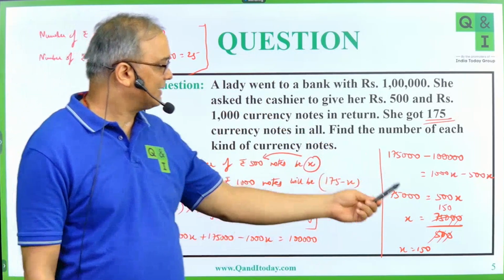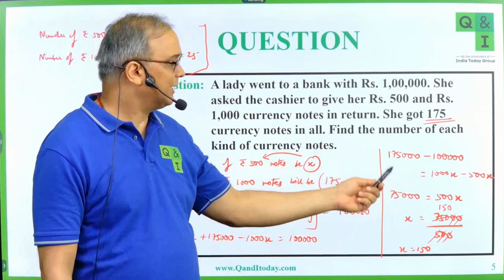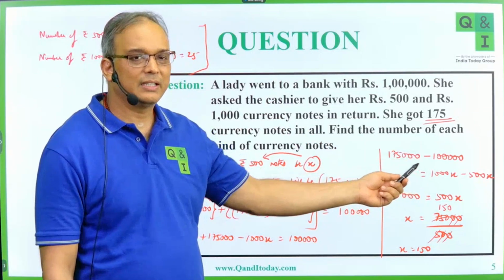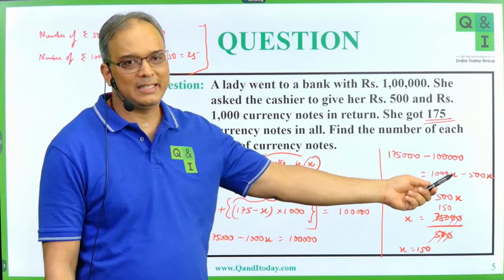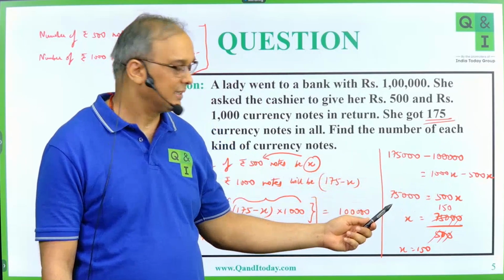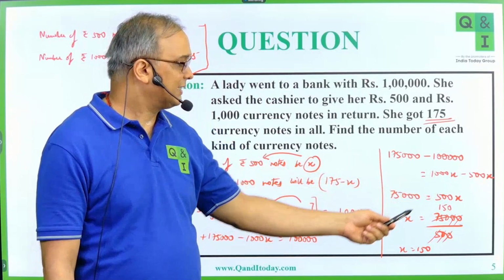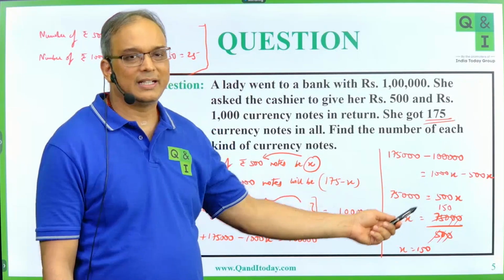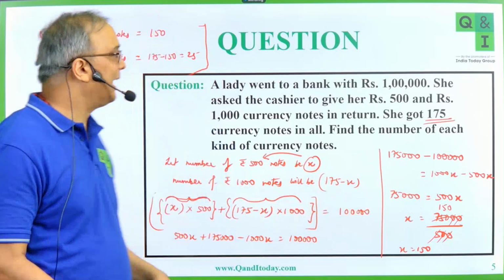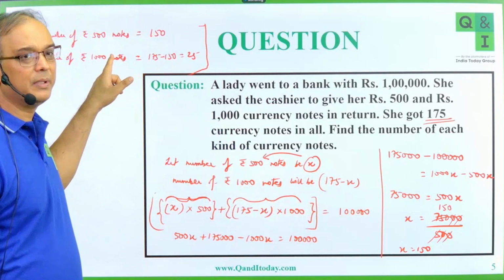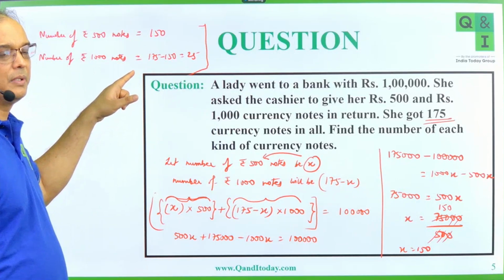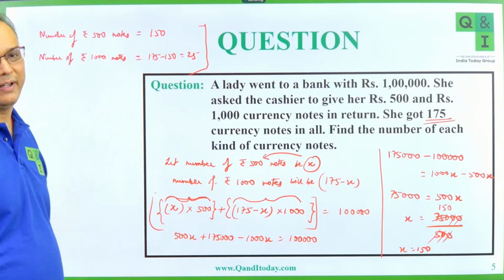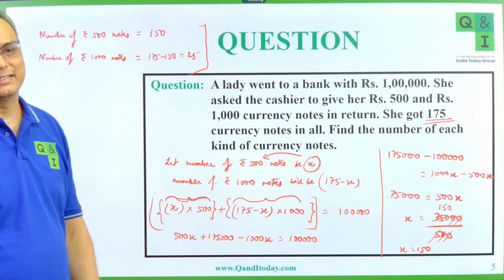On the left, 1,75,000 minus 1,00,000 is 75,000, equal to 1000X minus 500X, which is 500X. Then the value of X is 75,000 over 500, that is 150. That means the number of 500 rupee notes is 150 and the number of 1000 rupee notes is 25. This is the answer for this question.